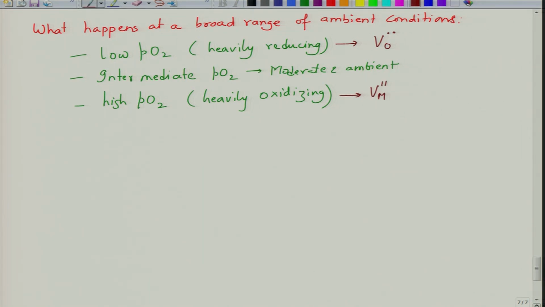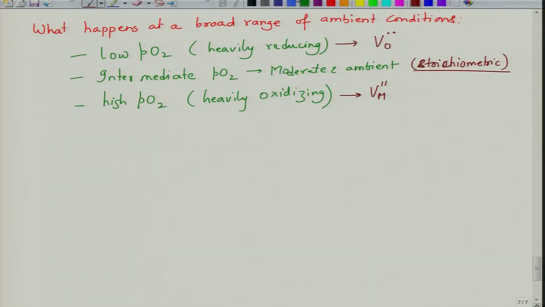In the intermediate range the oxide is stoichiometric, the stoichiometry does not change. So you form stoichiometric defects. Those could be Schottky defects or Frenkel defects, or electron-hole pairs, but there is no change in the defect chemistry at intermediate pressures of oxygen.